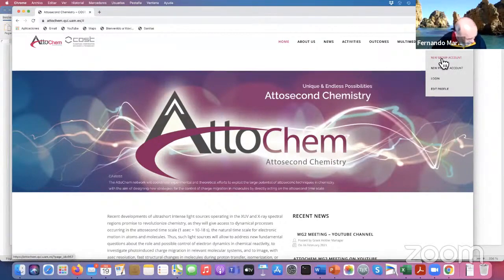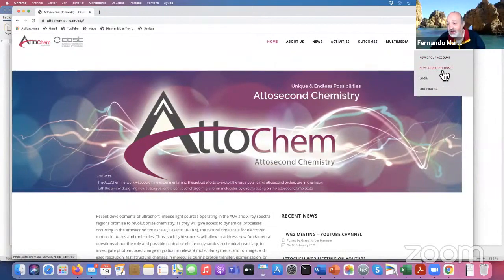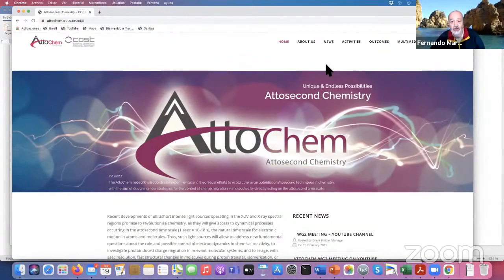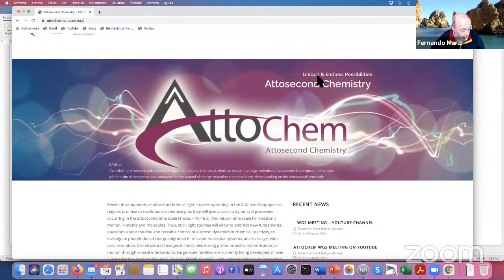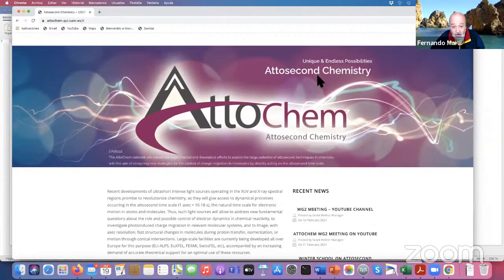And I insist, it is very important that your group is registered, and we also make a special place for young researchers to register individually. So I encourage you to register, because in this way you will receive news from us about all the different activities. Among these activities, there are already 2 schools that are going to take place very soon.